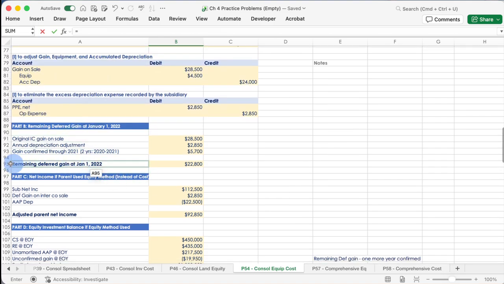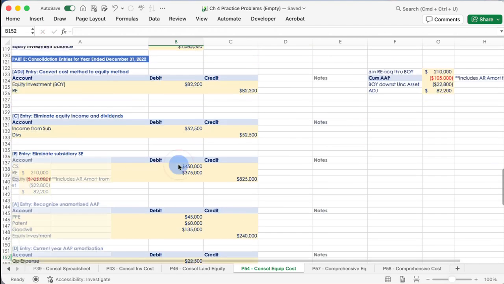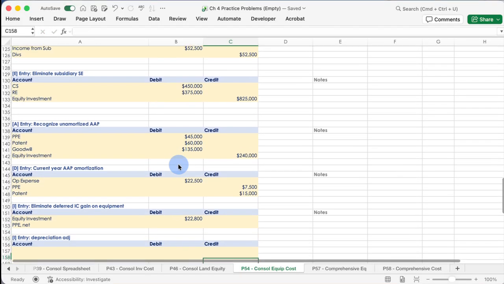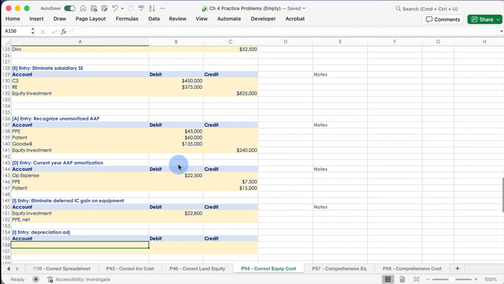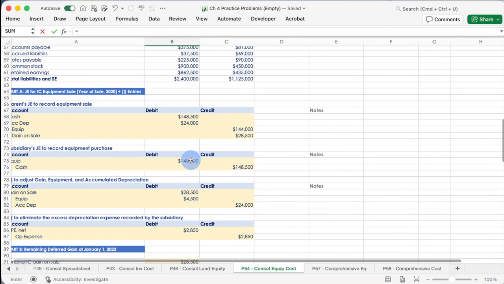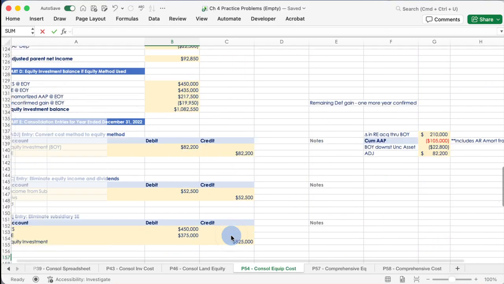And we're going to do this remaining gain, the 22,800. And then the depreciation adjustment looks very similar to what we did before. And so we're going to debit PPE and the operating expenses for that difference of 2850.